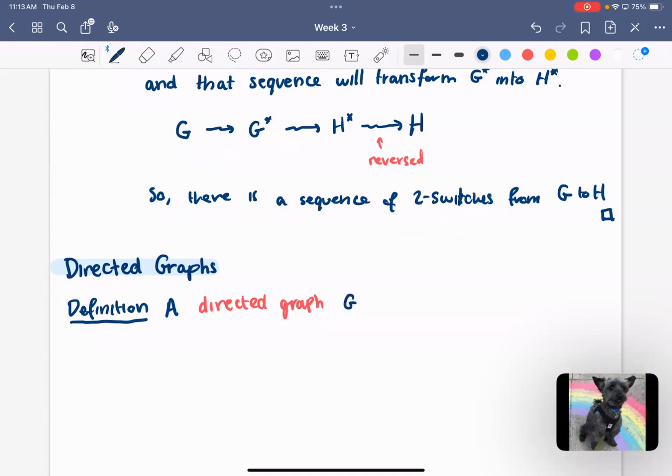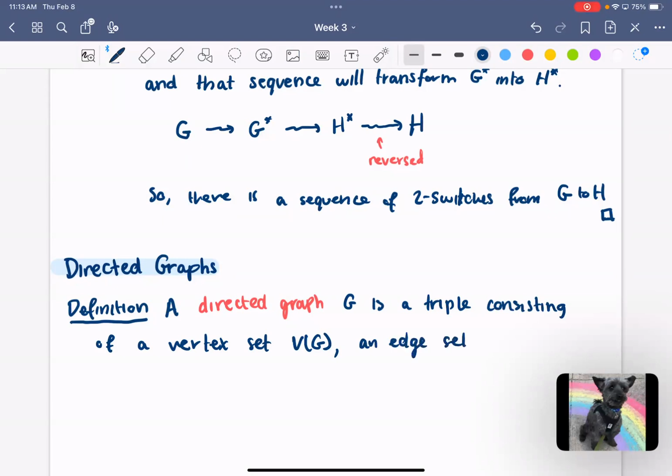So this, we'll call it G, is a triple consisting of a vertex set called V of G, an edge set called E of G. And then roughly what we're going to do is assign a direction to each edge.